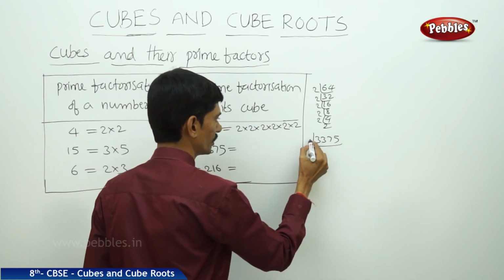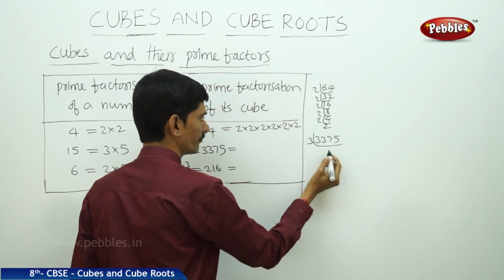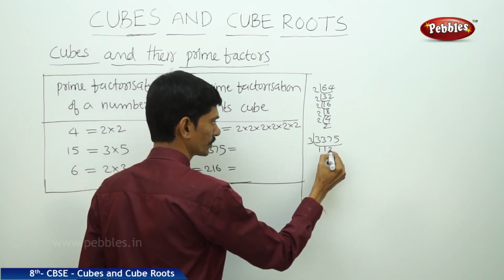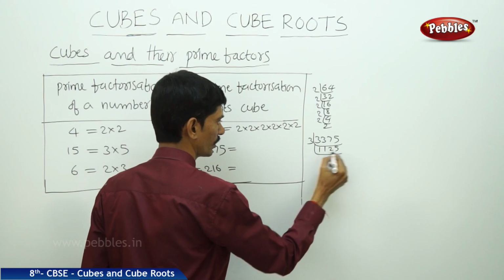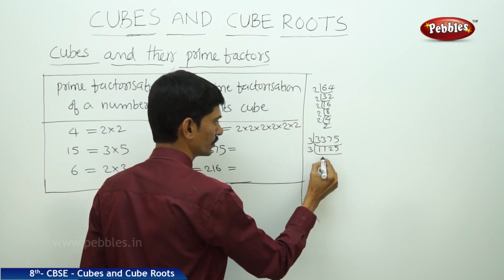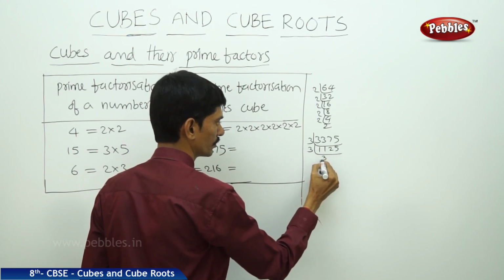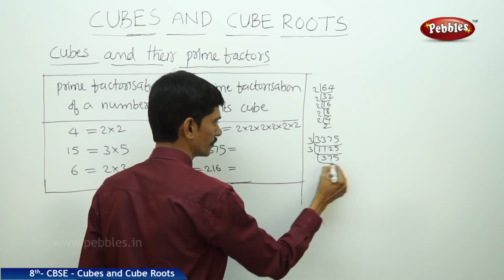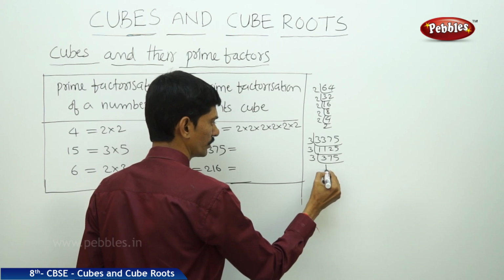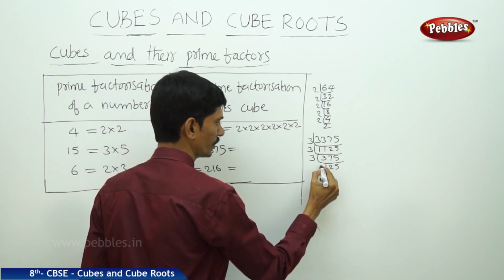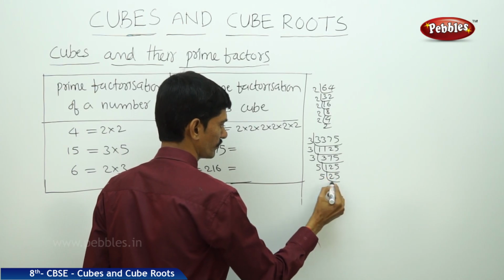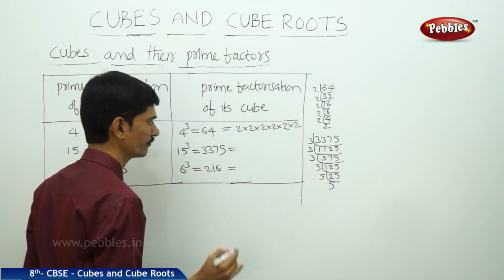If you factorize this, 3 1s are 3, 3 2s are 6, 3 3s are 9, 3 5s are 15, 3 7s are 21, 3 5s are 15. So there are 3 3s and 3 5s.